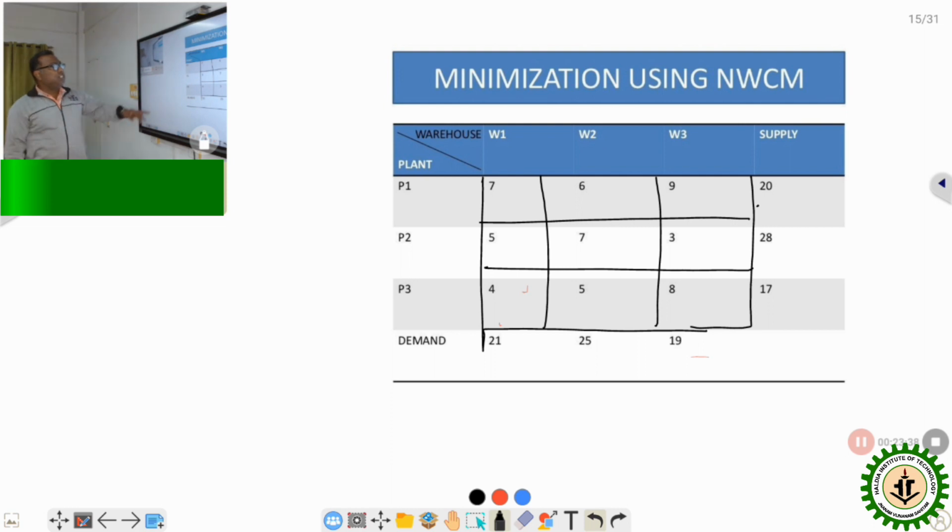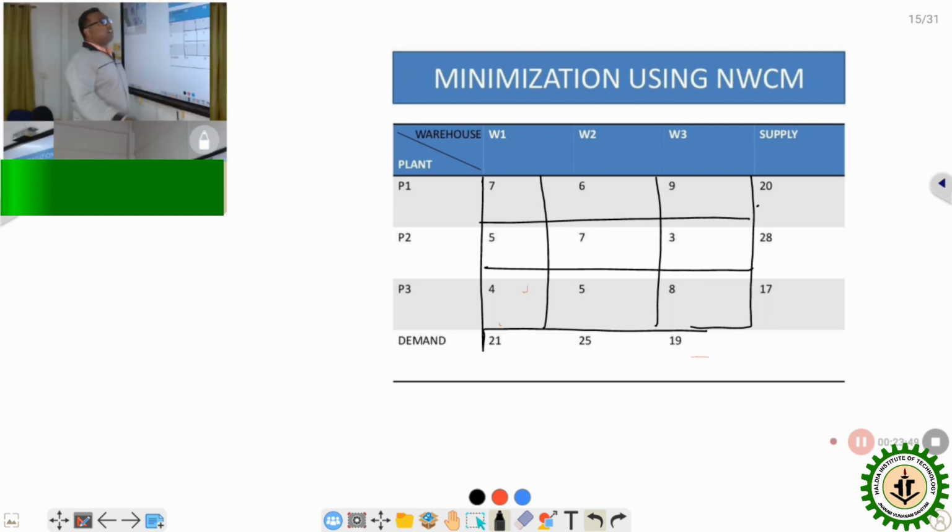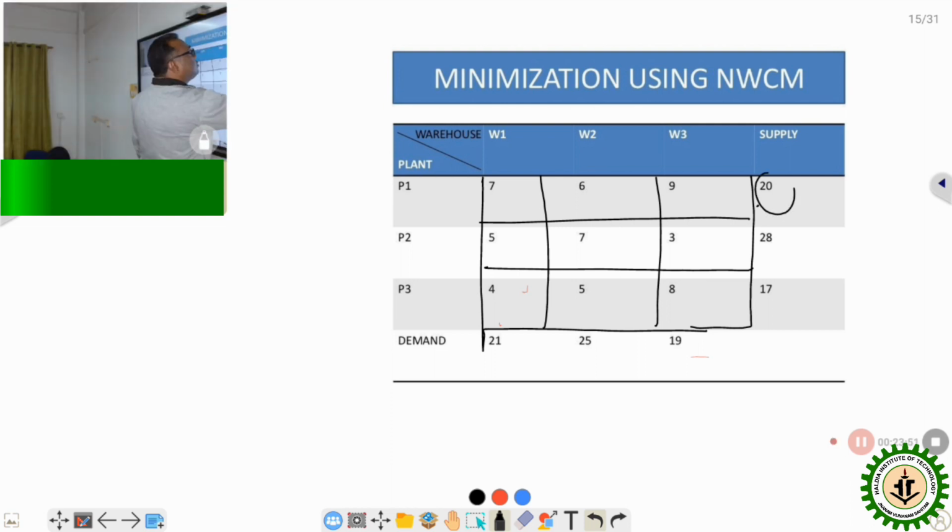These values are the transportation costs of transporting one unit from one origin to another destination. These are the available amounts in the origins. These are the demands.